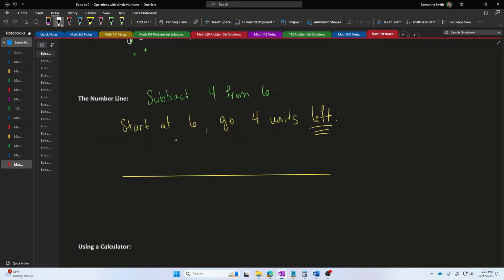If I drew our number line with 1 and 2 and 3 and 4 and 5 and 6, for example, marked on it, then to subtract 4 units from 6, I would start at 6 and go 1, 2, 3, 4 units to the left. And on the number line, I have found myself at a position of 2, and so that will tell me that the result is 2.